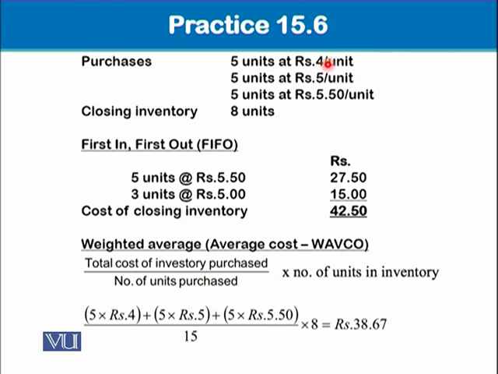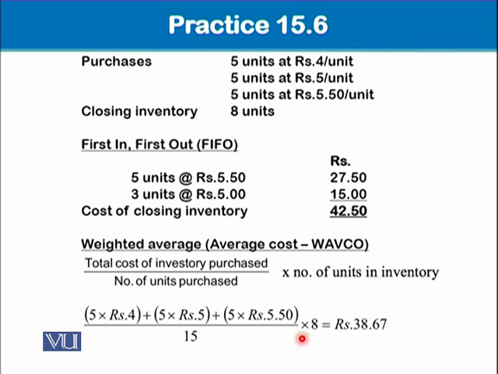5 times 4 is 20. 5 times 5 is 25. And 5 times 5.5 is 27.5. So make a total of these three amounts and divide it by 15. What is this 15? The number of units purchased.